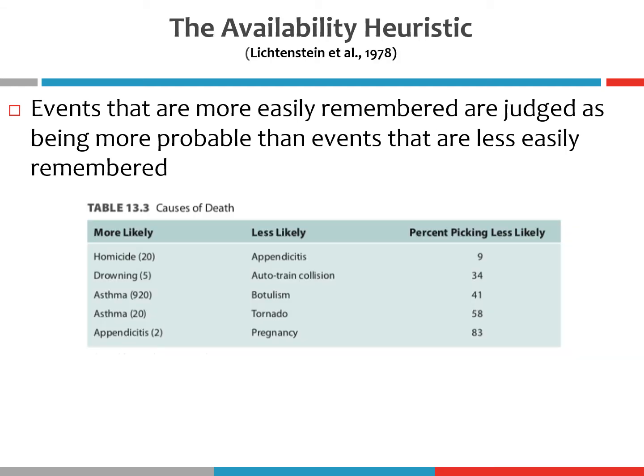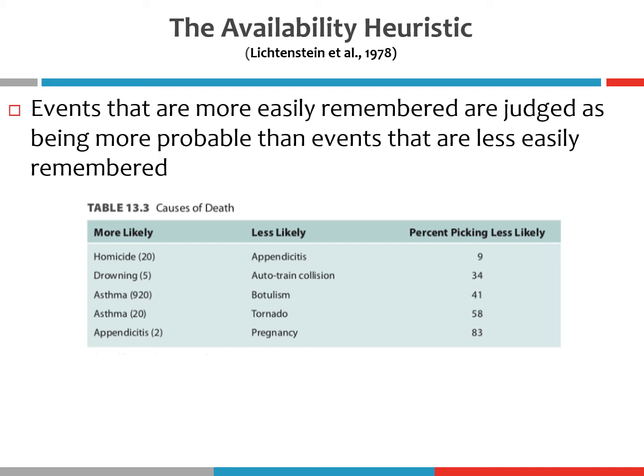And here's what I would call the classic demonstration of the availability heuristic. So this was an experiment conducted by Lichtenstein and colleagues in 1978. And essentially what this table shows is the result of experiments in which participants were asked to judge the relative prevalence of various causes of death, right? So for each pair listed, the more likely cause of death is shown in the left column, right?